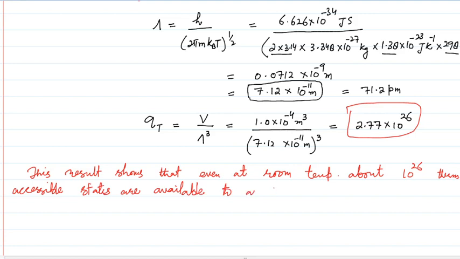We have considered a simple and very light molecule. So there are about 10 power 26 thermally accessible states available to this light molecule, light hydrogen.